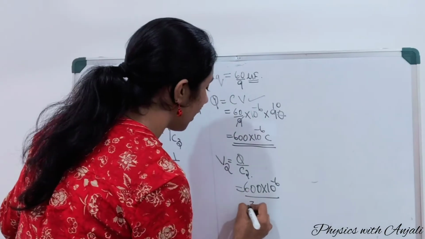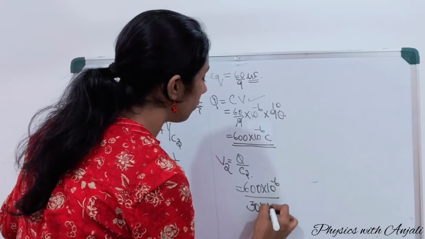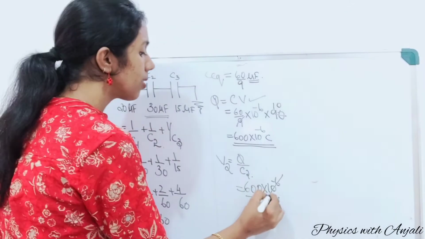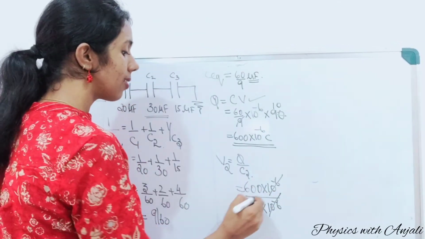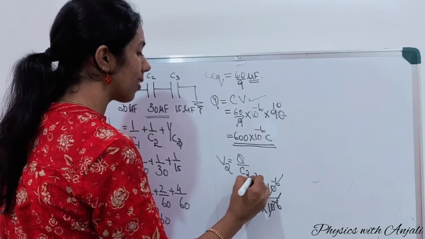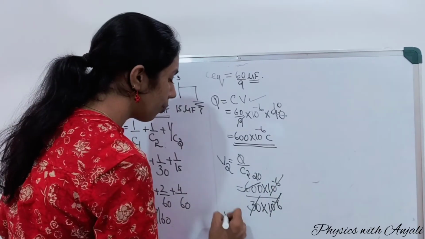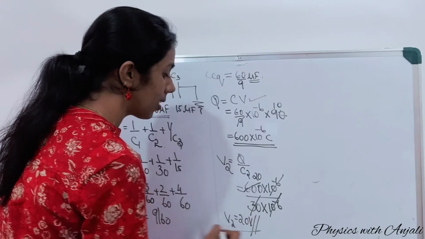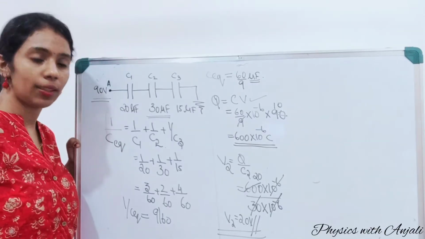Again the microfarad has to be converted into farad, multiplying by 10 raised to minus 6. The 10 raised to minus 6 cancels, and 30 and 600 cancel to give 20. So V2 is equal to 20 volt. The potential across C2 is obtained as 20 volt.